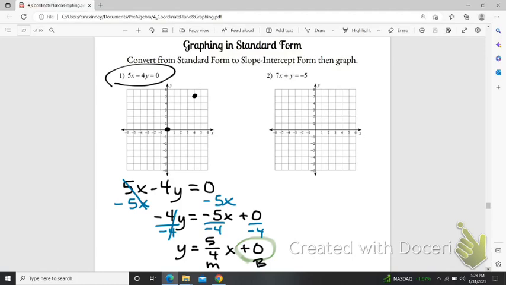And just like it had been before I cleaned it up, I could also go down 5 and to the left 4. And if I connect my line nice and neatly, even if I didn't have this bottom dot, if I extend my line, it should go through that point.